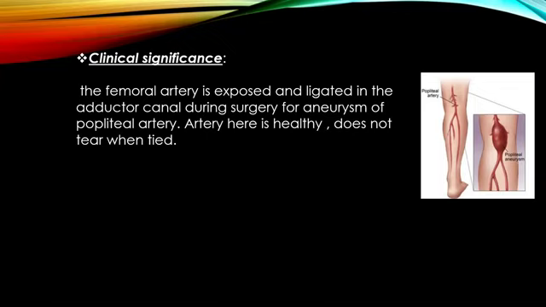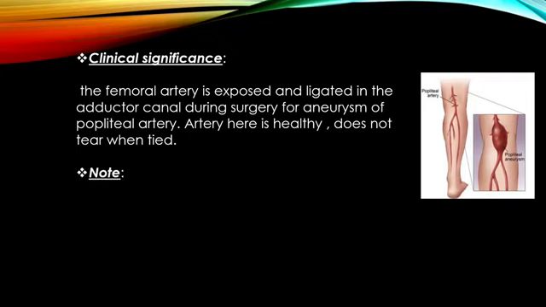But if we tie the femoral artery where it is exposed in the adductor canal, the chance of it tearing is very low because the artery here is quite healthy. This process was invented by Dr. John Hunter, because of which the adductor canal gets another name, the Hunter's canal.